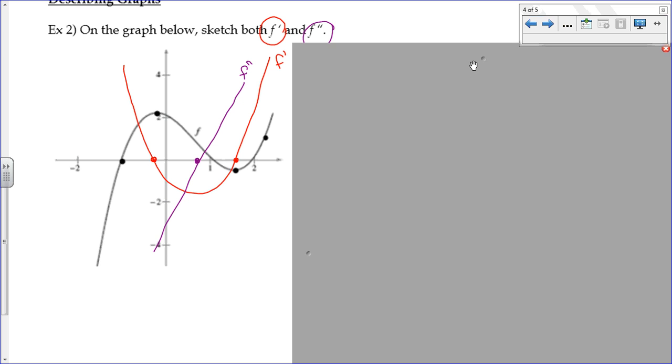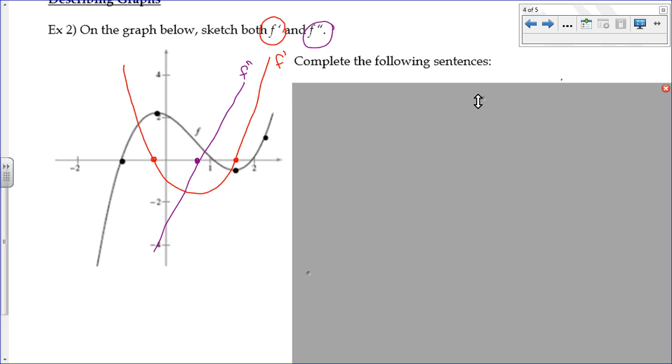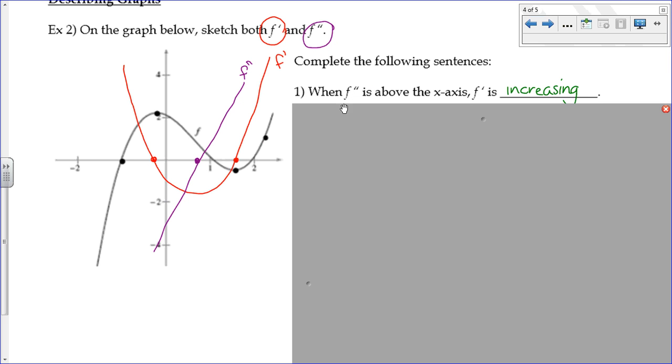Now these fill in the blanks, we need to be very careful and answer what's being asked. When f double prime is above the x-axis, what is f prime doing? Well, when f double prime was above the x-axis, that was from about, I don't know, 0.75 on, and from 0.75 on, f prime was increasing. Now the next question asks, what about when f double prime is above the x-axis?